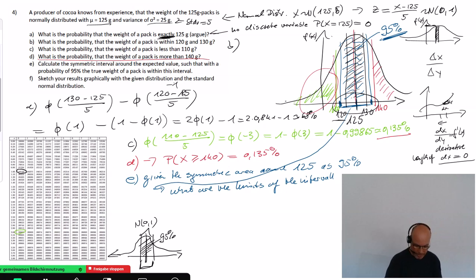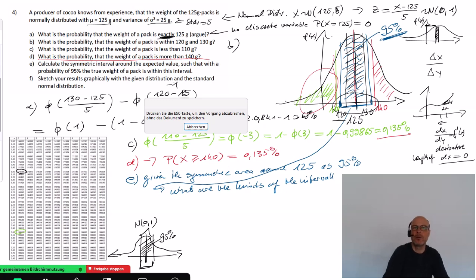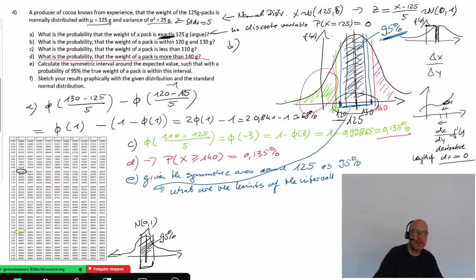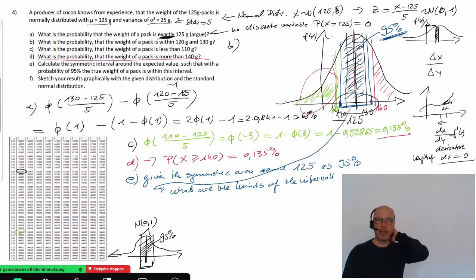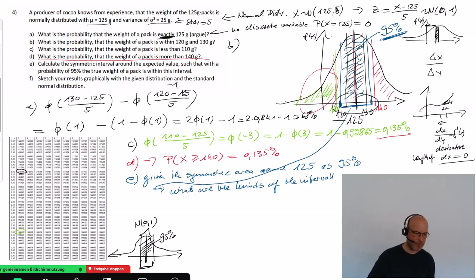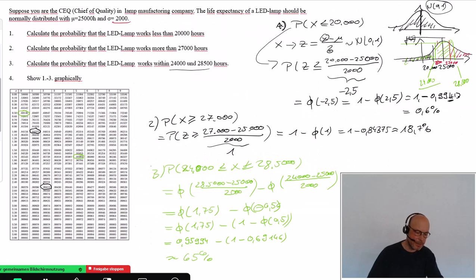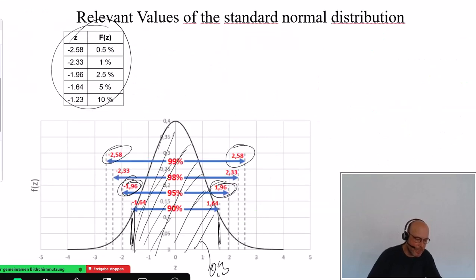And this 5%, or 100 minus 95, is quite often used. If our experiment, our data shows this property, then we quite often say that we have a significant outcome. Because of this, you should really learn or keep in mind these numbers.